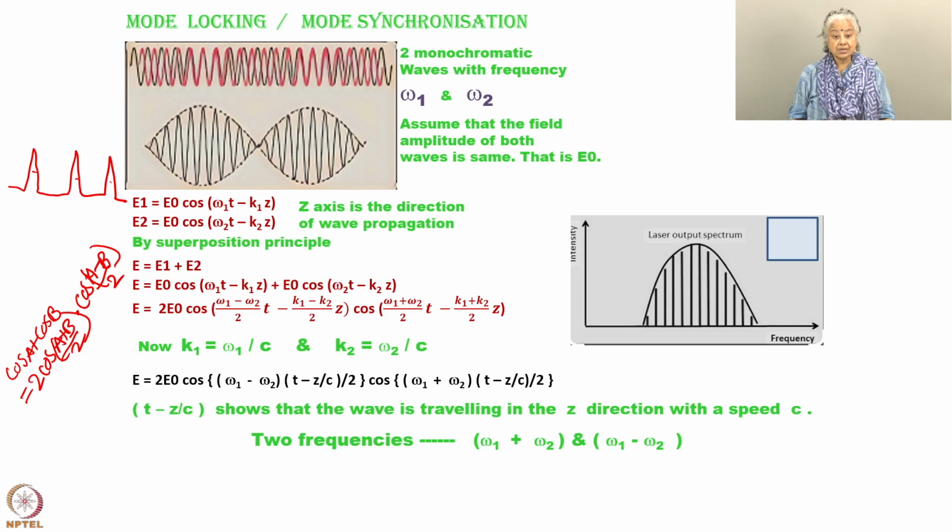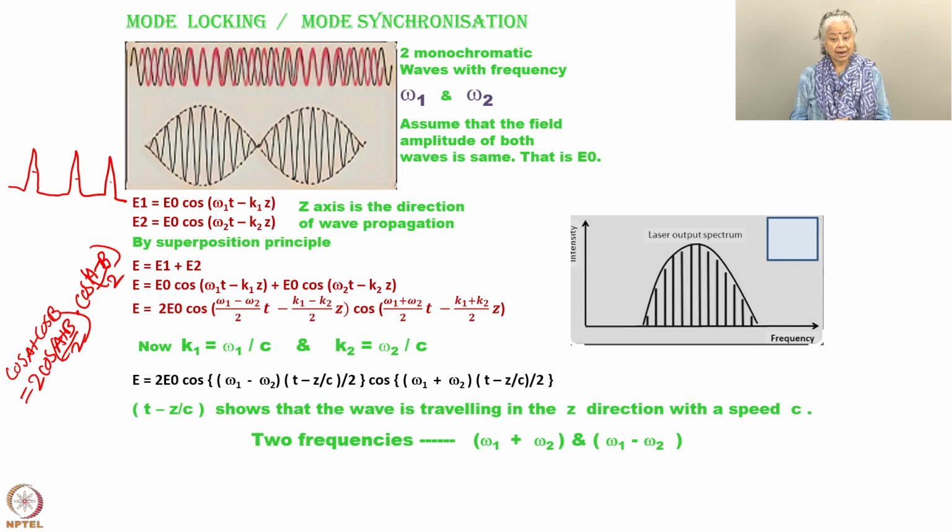But my aim till now was not to just make two modes synchronized and lasing, but my aim is to get all the modes within the gain profile to be synchronized in such a way that all of them are able to extract gain from the medium, all of them are able to lase together in order to get the maximum extraction.